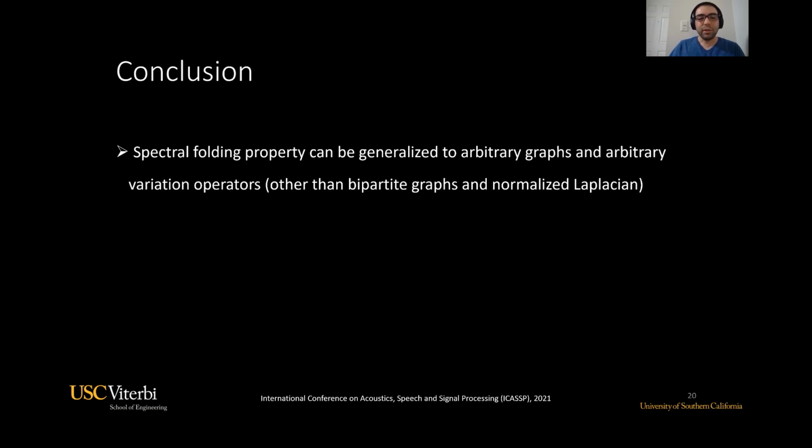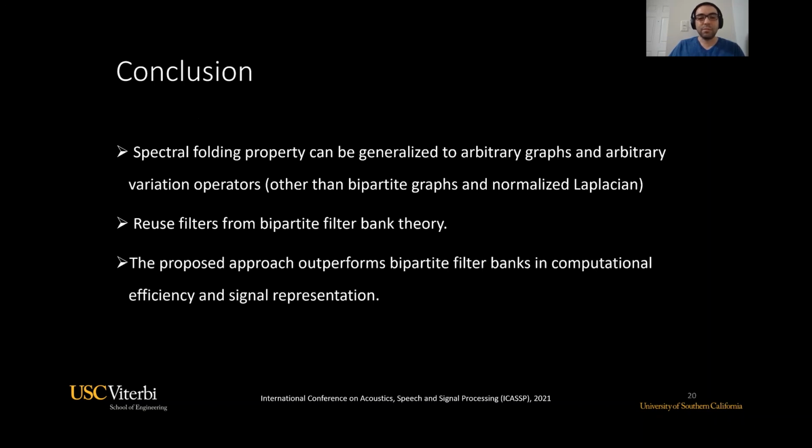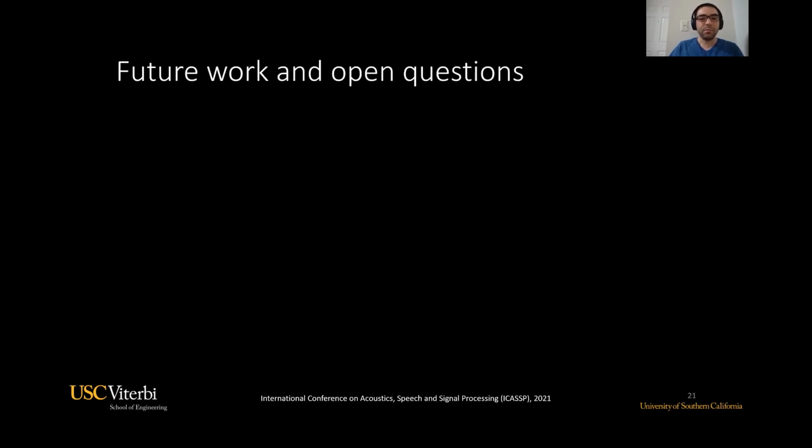In conclusion, we showed that the spectral folding property can be generalized to arbitrary graphs and arbitrary variation operators, and the bipartite assumption is not required. We can also reuse many of the filters that were derived for bipartite graphs. And in terms of practicality, our implementation can be even better in terms of computational efficiency and also in terms of quality of signal representation.